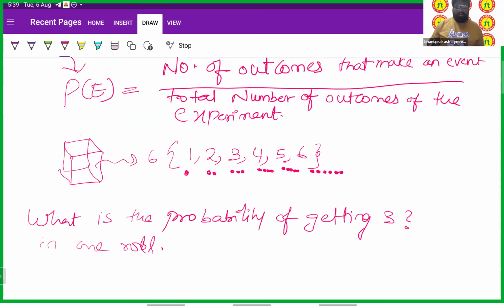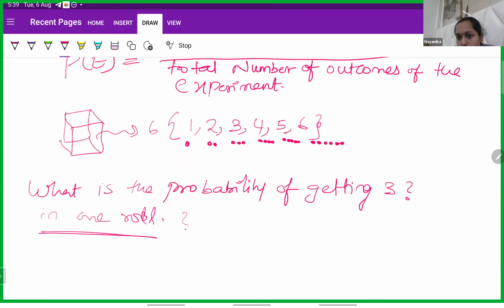Sir, you told what is the probability of getting 3, so the number of outcomes is 3, and the total number of outcomes is 6. Wrong. In one roll, 1 by 6, sir.